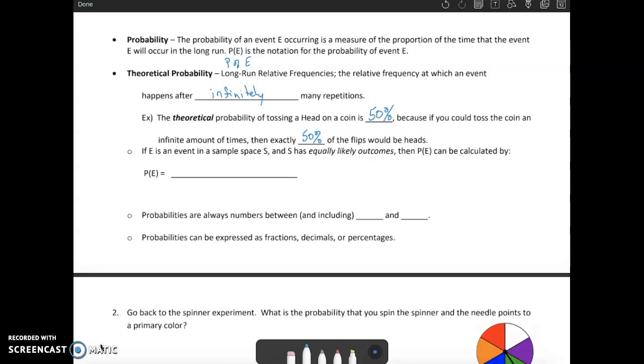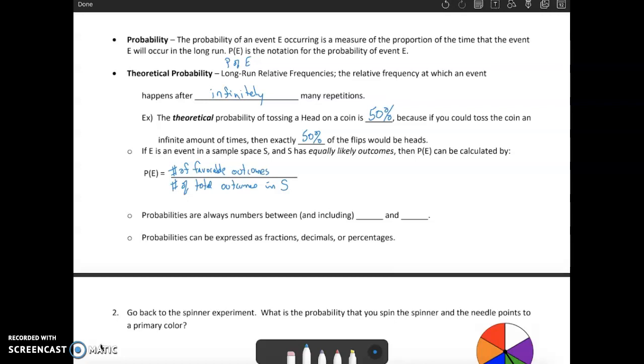If E is an event in a sample space S, and S has equally likely outcomes, then we can calculate the probability of this event E by doing, so what we can do is we can take the number of favorable outcomes over the number of total outcomes in S. So basically you make a fraction.